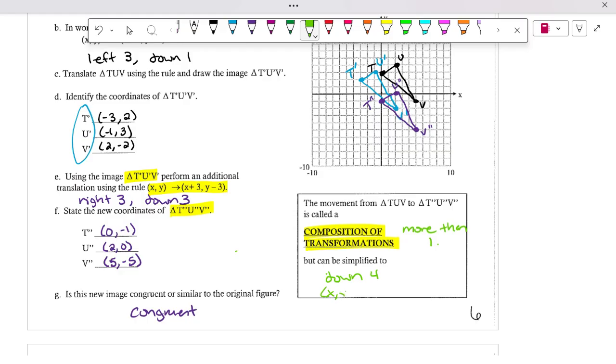So in arrow notation, it would be just x, because we're subtracting 0, and then y minus 4. If you just see the variable by itself, it just means it stays where it is, or it doesn't change. Any questions on translation? Not too bad, right? We're starting out easy.